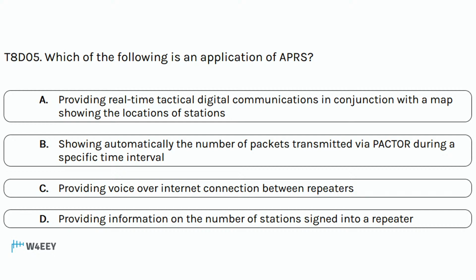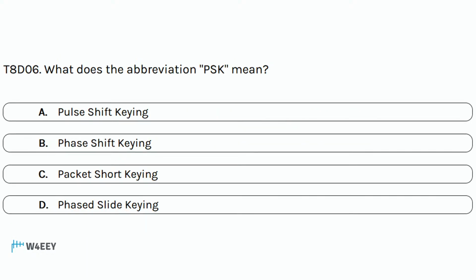Alpha. Yes, it's providing real-time tactical communications, the text messages, in conjunction with a map showing the location of stations. What does the abbreviation PSK mean? Bravo. Phase shift keying.